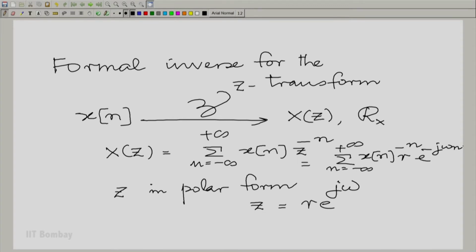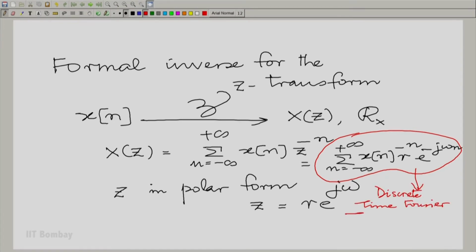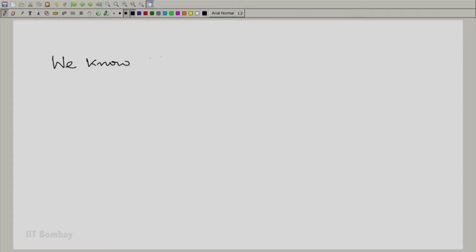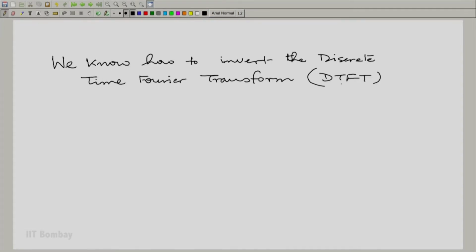And now we can recognize this as a discrete time Fourier transform. So, this is nothing but the discrete time Fourier transform of x of n into r raised to the power minus n. And we know how to invert the discrete time Fourier transform. So, let us do a quick recall.